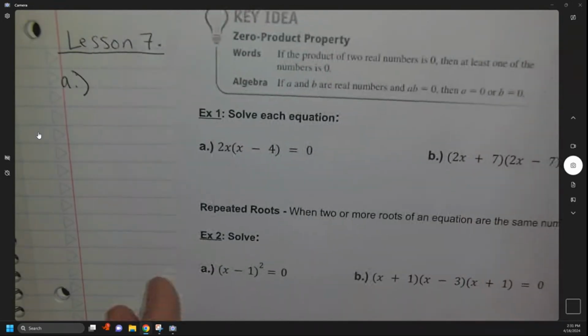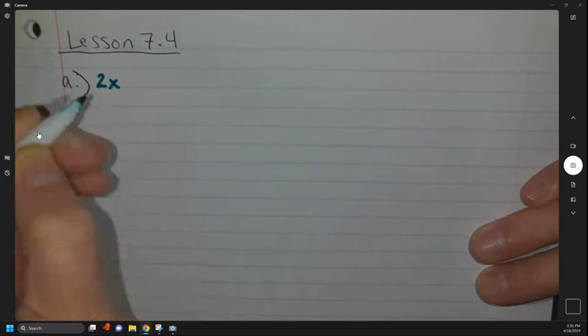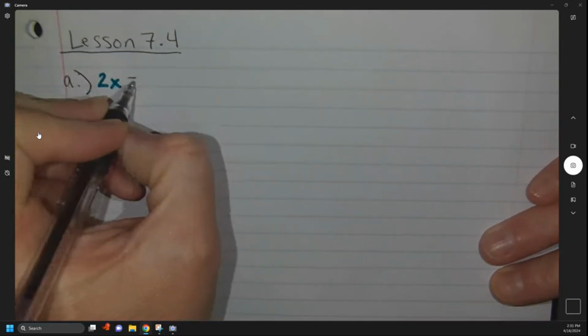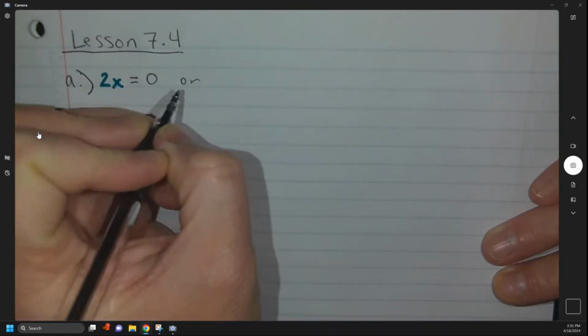So we're going to take that 2x, that's the first factor in our form here. So 2x, we're going to set that equal to 0. And then for our other possibility, we've got x minus 4.